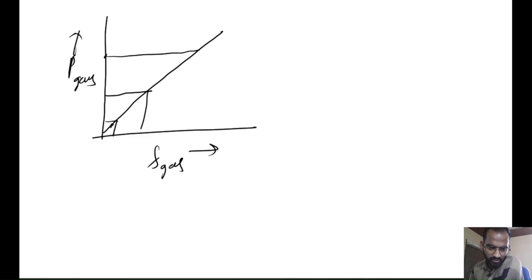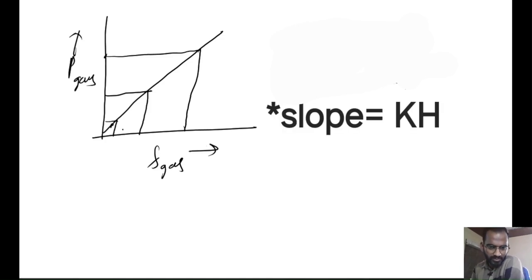This is mole fraction, and solubility is also increasing at this point. So this is the graph. What is the slope here? Slope is 1 by Kh. So this is the slope of this graph, and this is the relation between partial pressure and mole fraction of gas.